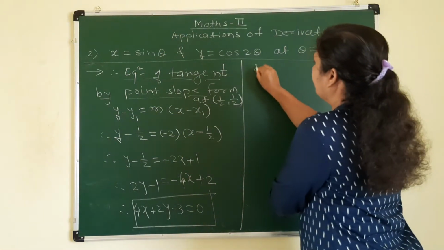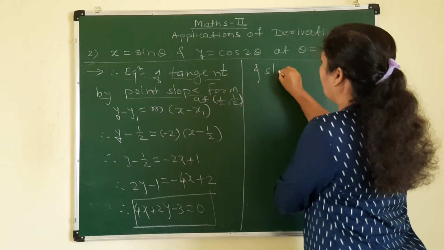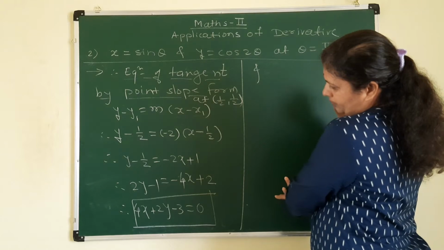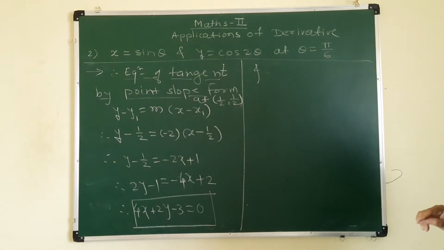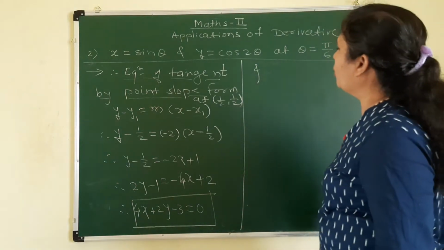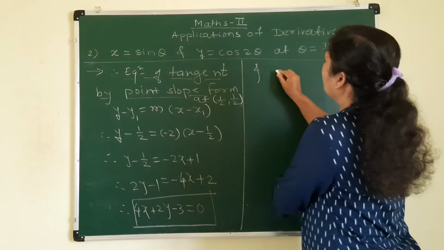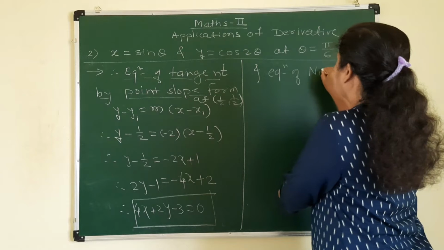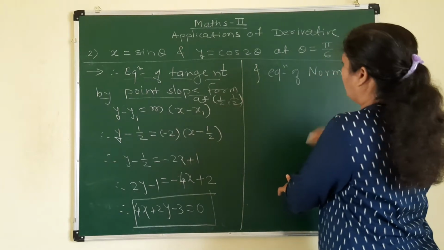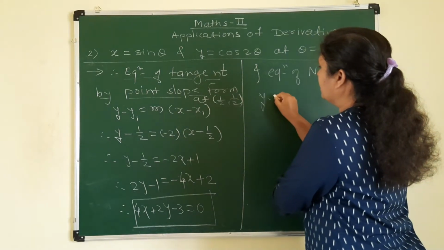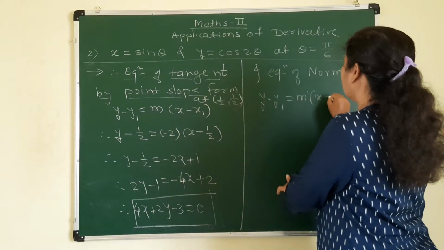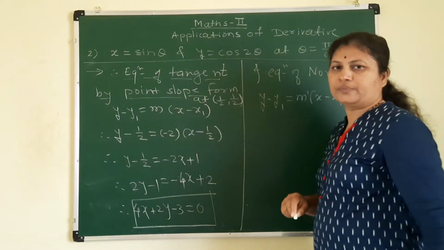The slope of tangent is minus 2, and the slope of normal is 1 by 2. Therefore, the equation of normal is y minus y1 is equal to m dash into x minus x1. Substitute the values.